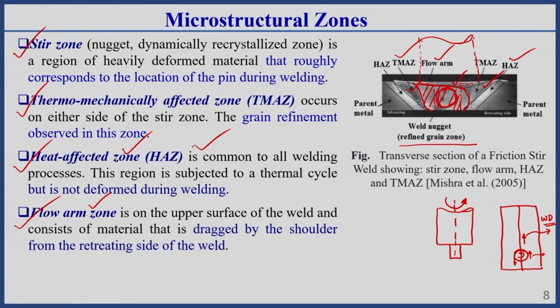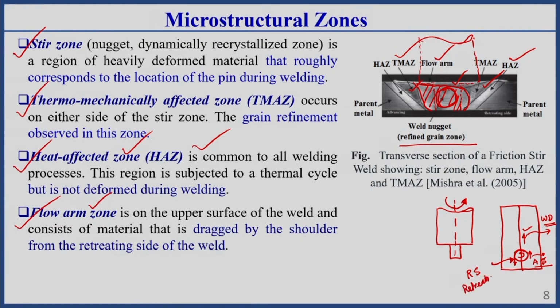If the tool's motion and the welding direction are similar, that is called the advancing side. So, if the tool is rotating anti-clockwise, the right side is the advancing side, AS. If the welding direction and the tool rotational direction are opposite to each other, that is called the retreating side, RS.